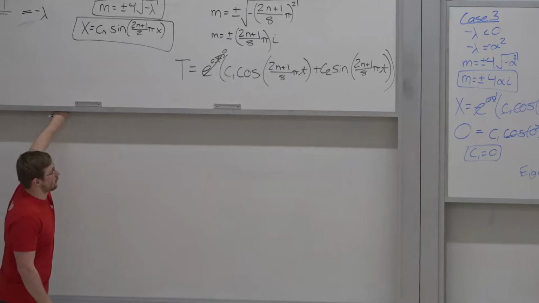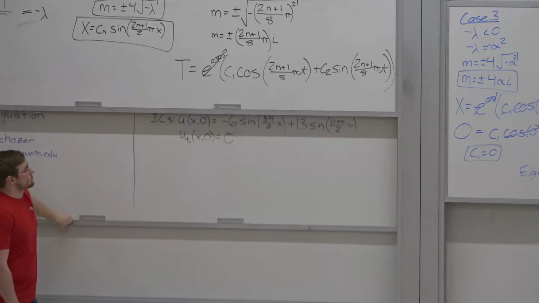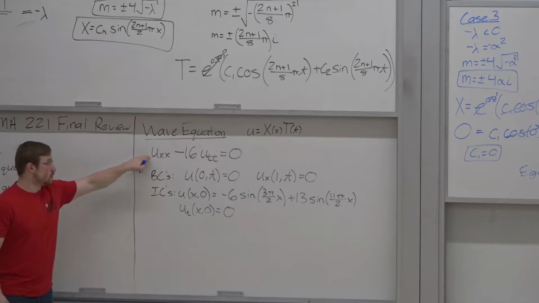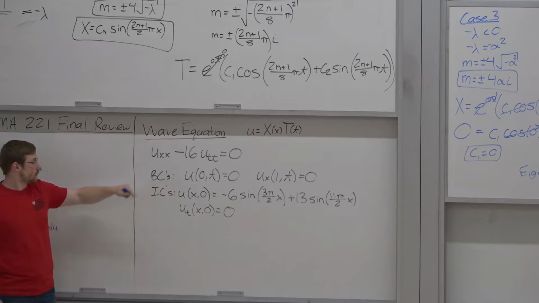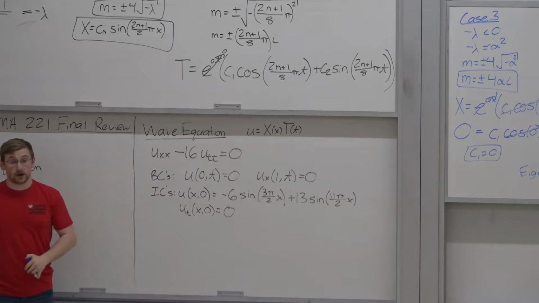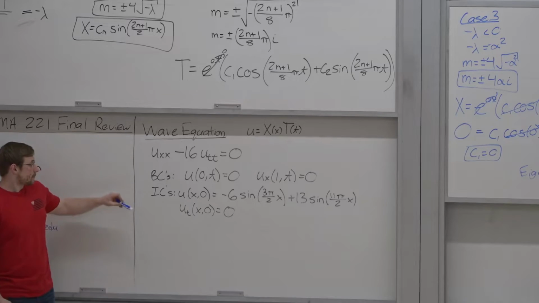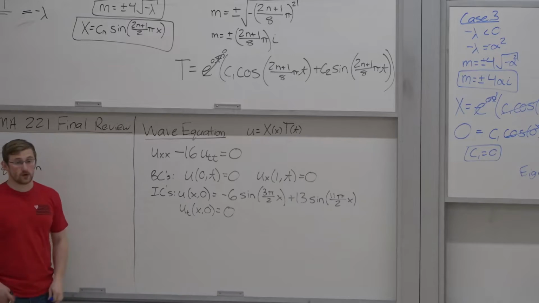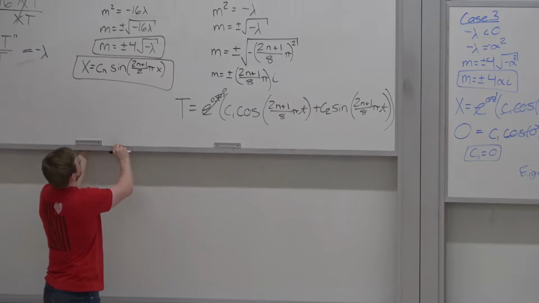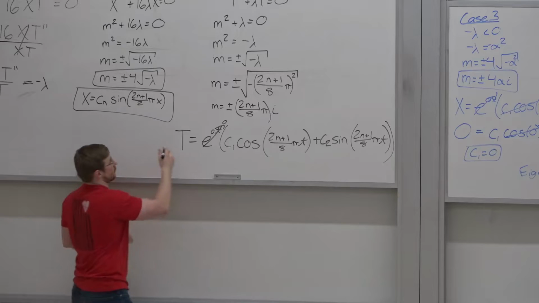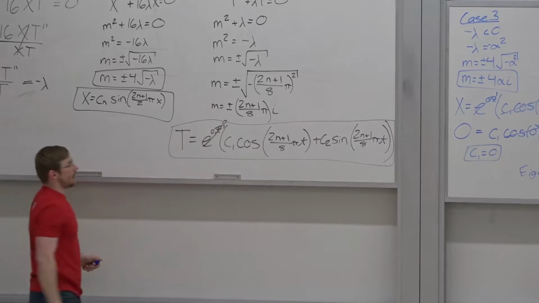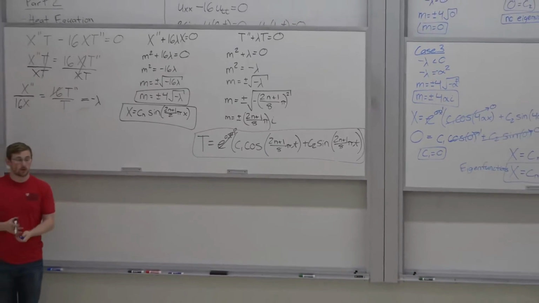Now, I covered it up, but now we're at the point where we used this in our separation of variables. We used our boundary conditions to find our eigenvalues and our eigenfunctions. Now, all that we have left to do is use our initial conditions. So I have an equation for x, and I have an equation for t. So I can find my equation for u by multiplying the two of them together.